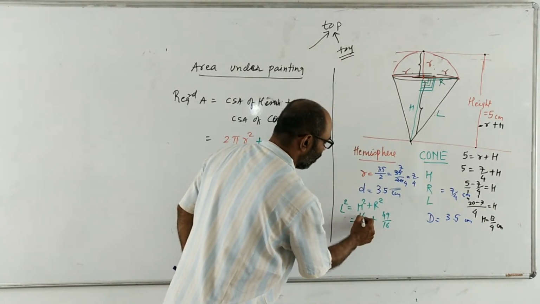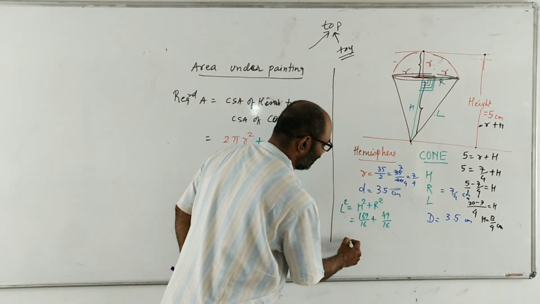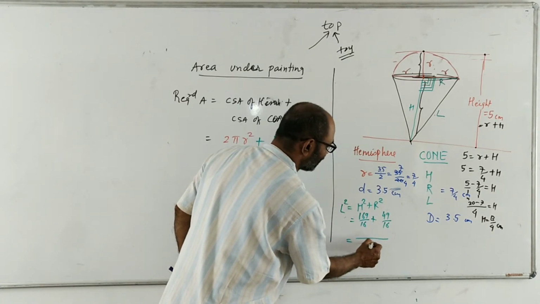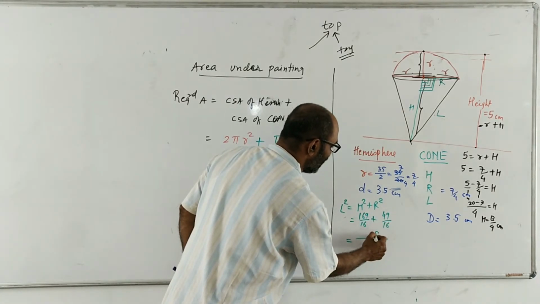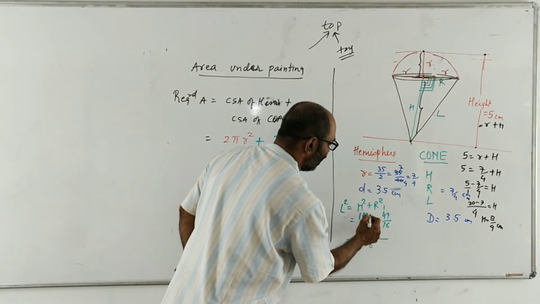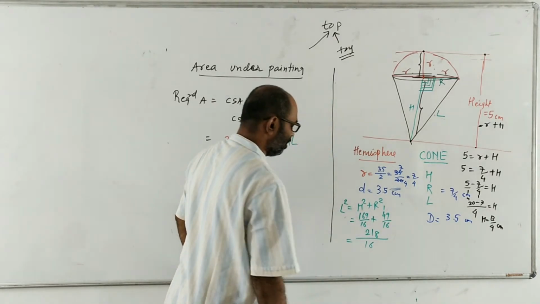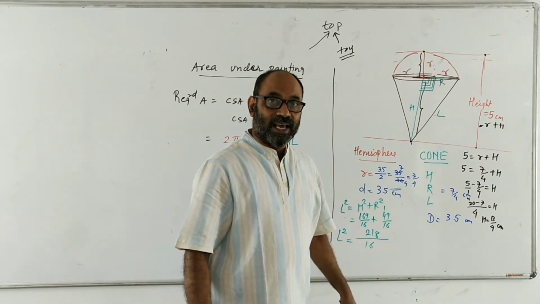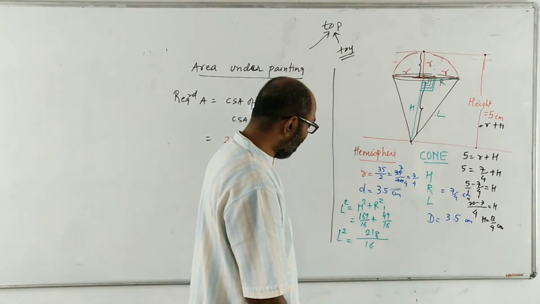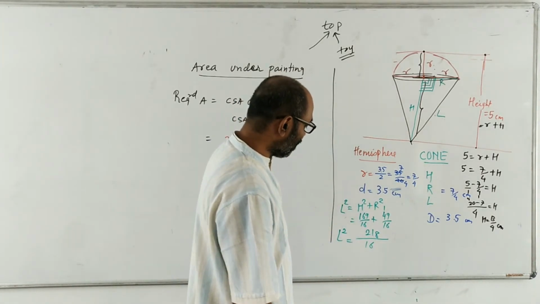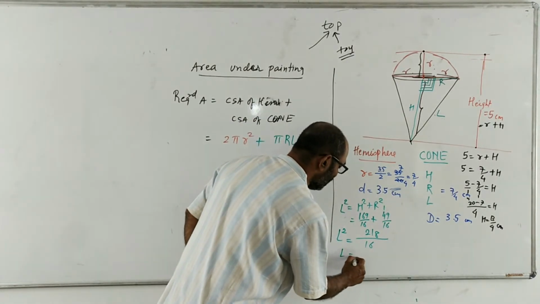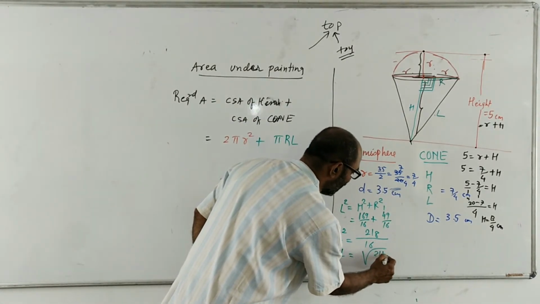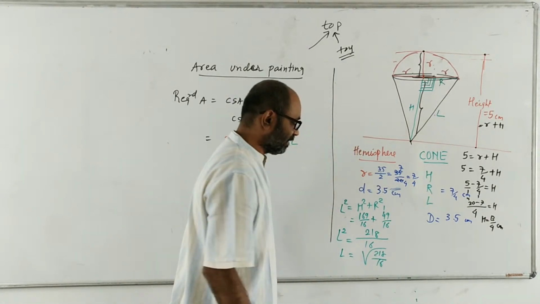That is 169 by 16. अब टोटल कीजिए, 16. 9 plus 9, 18, 1, 11 and then 2. Children, बड़ी गड़बड़ हो गई ये कैलकुलेशन में. This calculation is going to be very tough now. What shall we do? Okay, so L is square root of 218 upon 16.